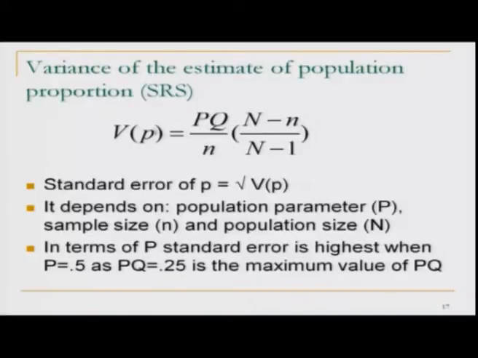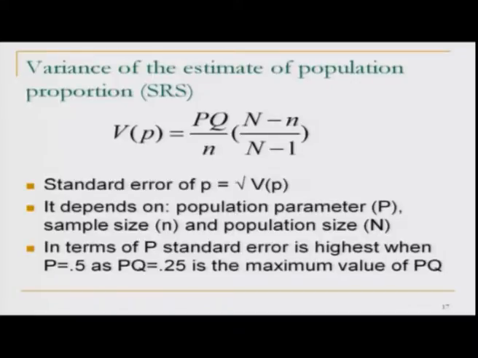This is mathematically derived. It is simple to derive, and mathematics shows that the variance of proportion is capital P, capital Q divided by small n, times capital N minus small n divided by capital N minus 1. And the standard error of P would therefore be the square root of this whole expression.